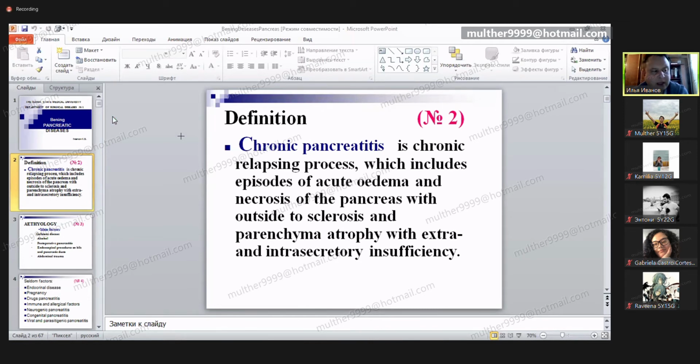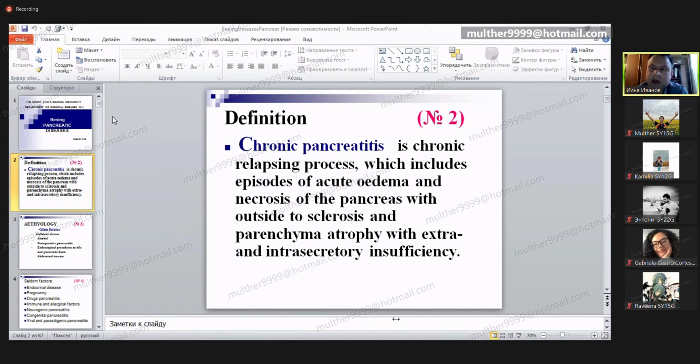The next step is acute pancreatitis, acute abortive pancreatitis. There are two principal ways according to this step of the pathological process. Firstly, it's normalization of the clinical features: decrease of the pain, decrease of the edema, and finally absence of the clinical features.